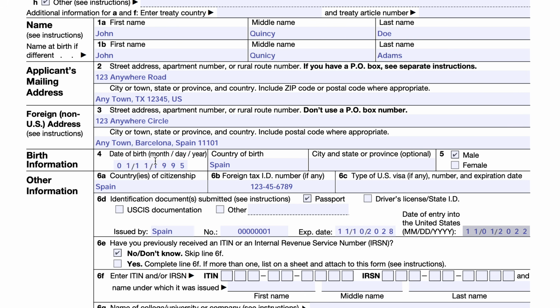And John Doe was fictionally born in Spain. So I listed the date of birth. It's important for a lot of people to understand how the United States Internal Revenue Service will process date conventions. We'll use the month, date, year convention as opposed to in Europe where we use day, month, year.